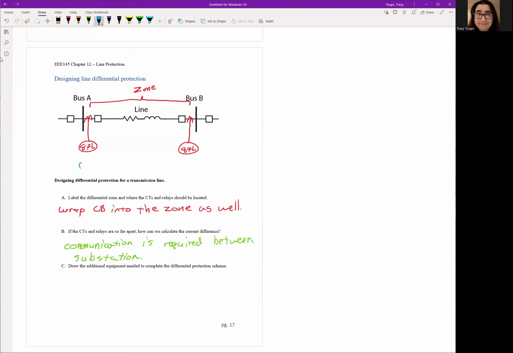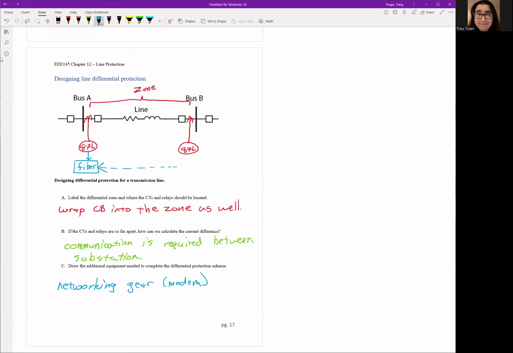So here, let's talk about what's the extra equipment needed. Well, each 87 relay will have to talk to some type of fiber modem. Okay, so some type of networking gear is needed, AKA a modem, to transfer information from the 87 relay to the fiber optic modem, and then you'll have a fiber optic path to the other line.